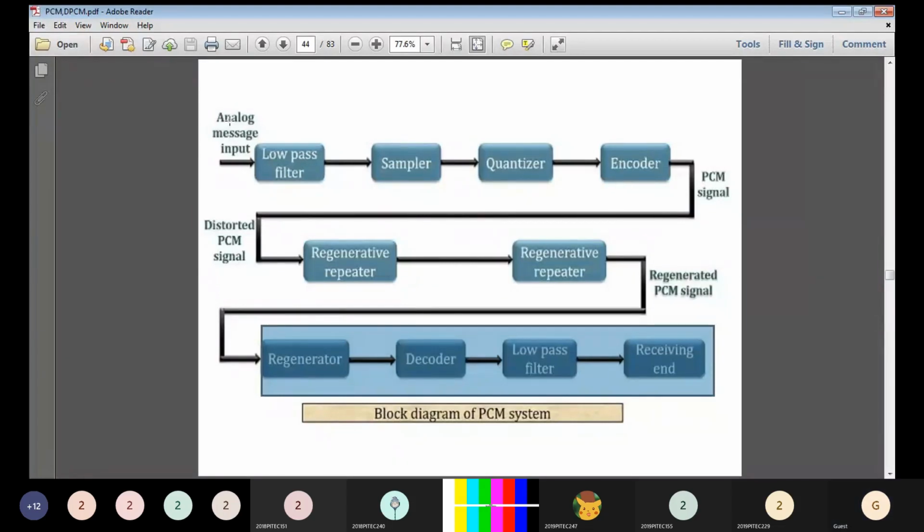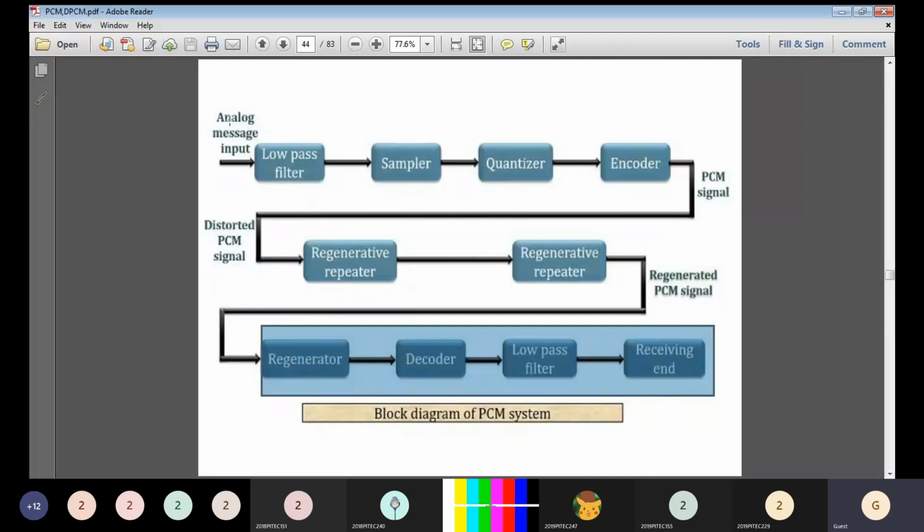Here we have the regenerative repeater. It simply reconstructs our received pulses with the exact amplitude and time information. While traveling along the path, the signal gets distorted or corrupted by noise.